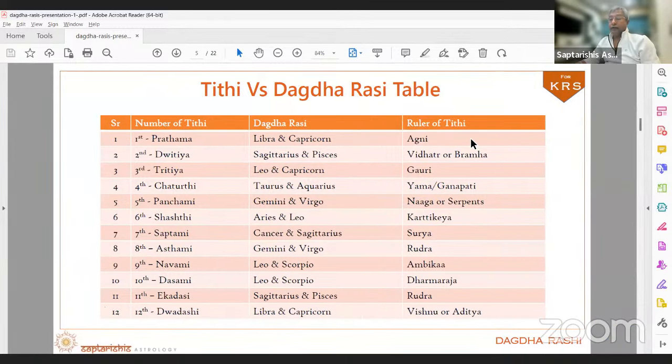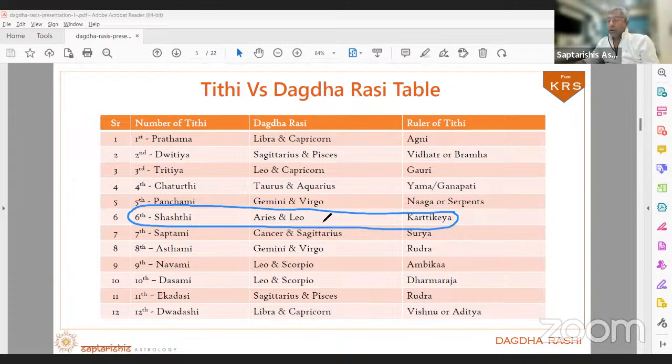You can understand, for example, if it is Sashti Tithi, we all know Kartikeya is the lord of it. Which are the two Dagdha Rashi signs? Aries and Leo. Got it, everybody?